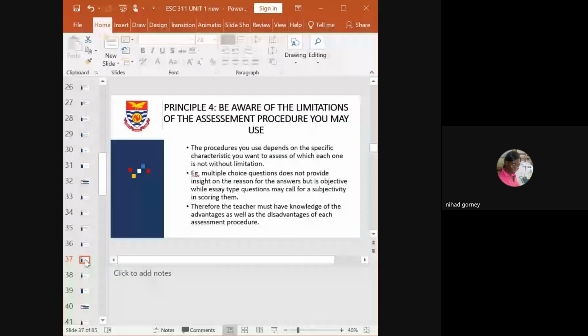And so if I want to choose different tools, I'm looking at using each to complement each other. We know that when we do objectives, it doesn't give room for students to give us so much information, and so we don't have enough insight on the reason why the students answer such questions as such. But when we use essay type questions, we give room for so much to be written that we might even know why the student wrote this.